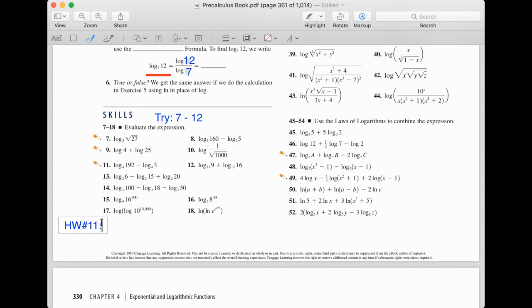Let me give you some homework. Okay, so you try 7 up to 12, all right? Then you can present. Let me think about the homework. Okay, 11 up to 18. Try 7 to 12 also. Also 45 to 48.